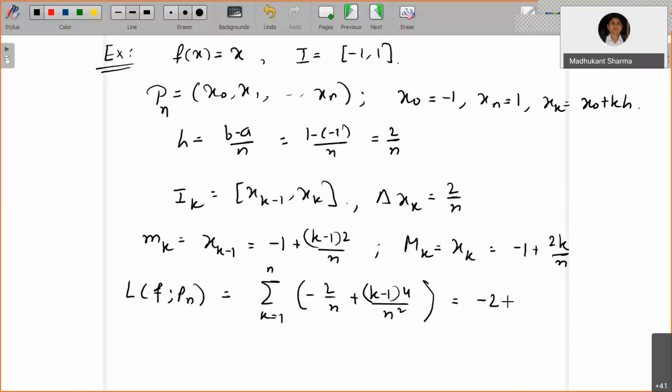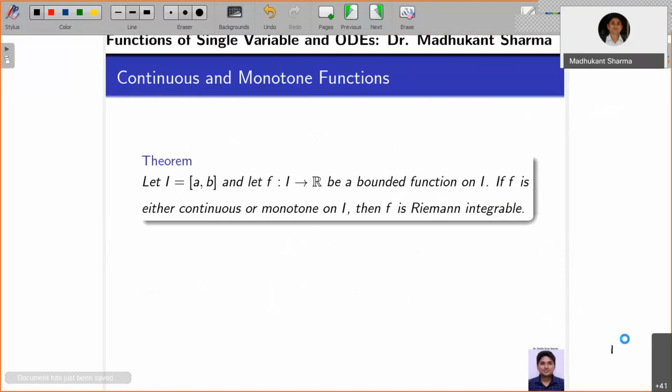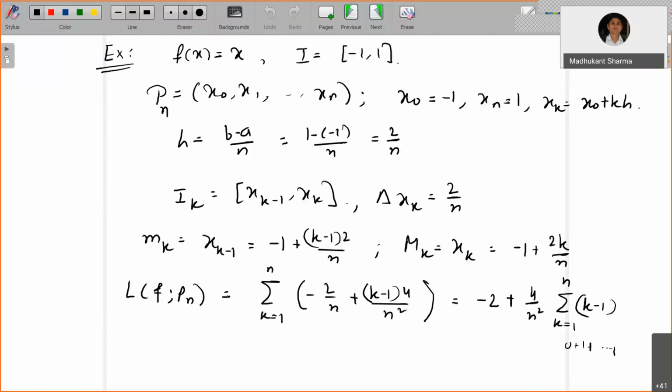And for this case, plus 4 by n square times the summation k equals 1 to n of (k minus 1), so you are starting with 0 plus 1 plus 2 and so on till n minus 1.